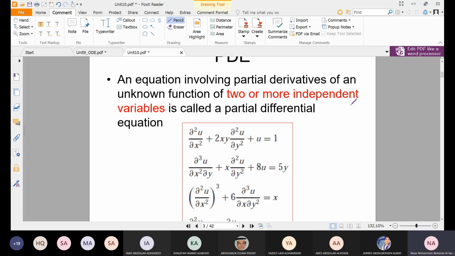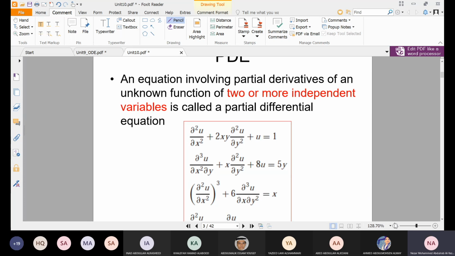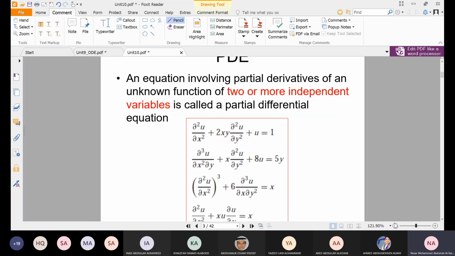So what do we mean by a partial differential equation? An equation that includes partial derivatives of an unknown function of two or more independent variables, we call a partial differential equation.